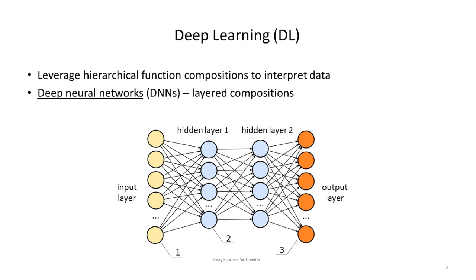Right, so I'm sure there's been enough deep learning hype these days, so I won't dwell on this slide for too much. But basically, the core idea of deep learning is to use really big compositions of simple functions to automatically interpret data. These big compositions are called deep neural networks, and each of these smaller functions that take part in this composition is called a layer.